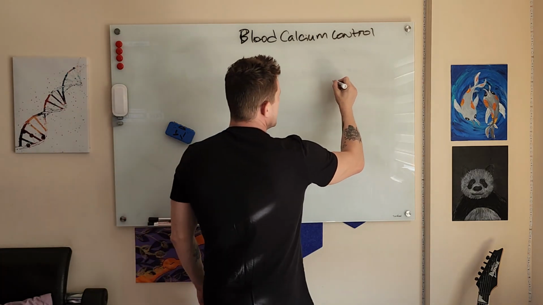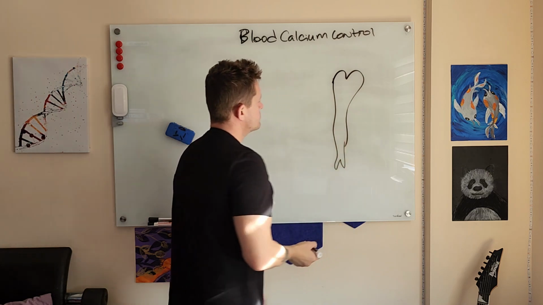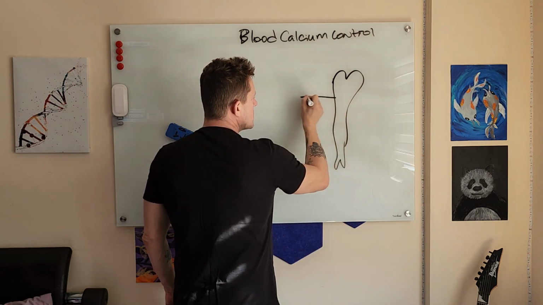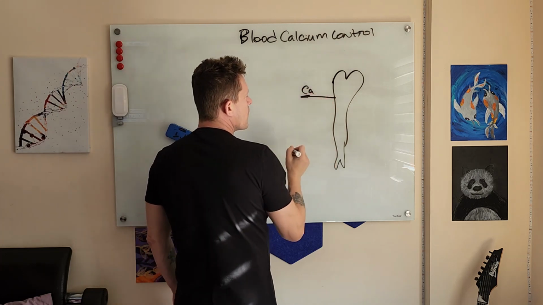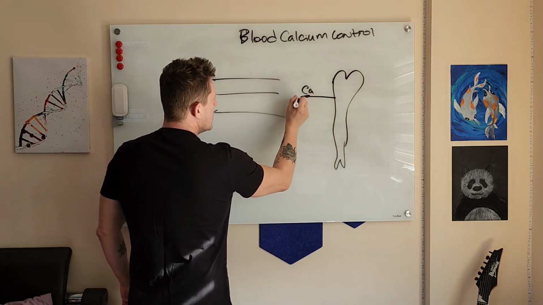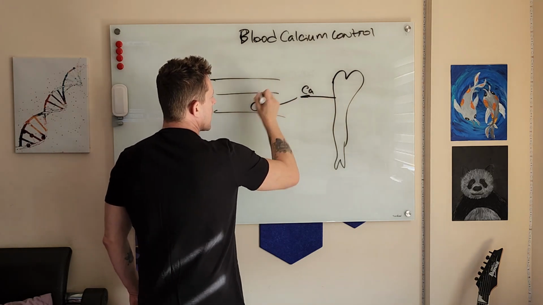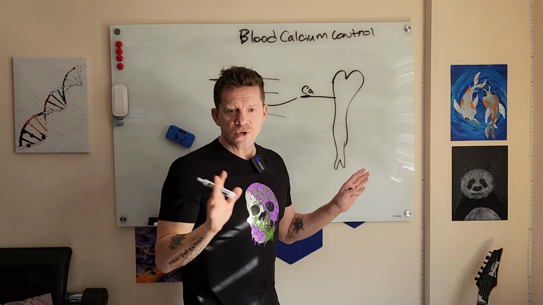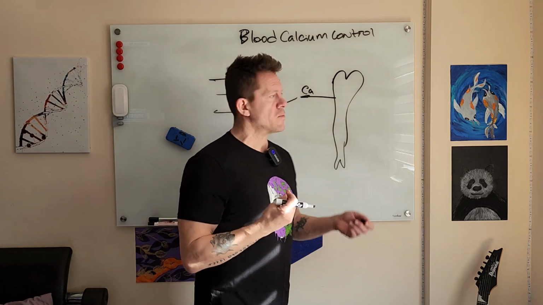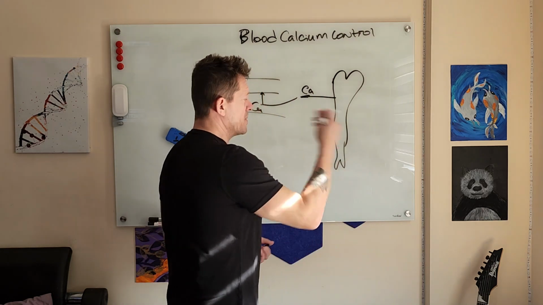But here's your bone, right? I'm a great graphic designer. Here's your bone. So the bone resorption, meaning taking calcium from the bone and putting back here, right? So your calcium was here, you're taking it from the bone and you bring it back here, right there. So now it's homeostasis. And that's how basically system controls calcium, right? So there's a constant bone resorption and then bone deposition, bone resorption, bone deposition.